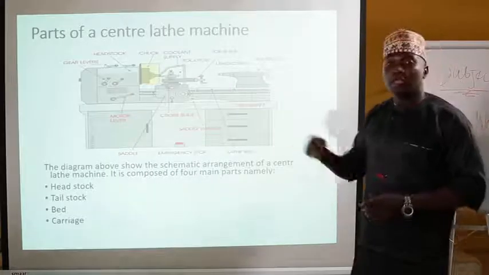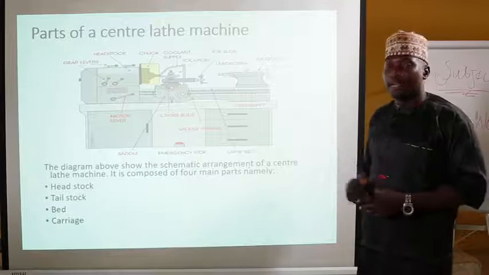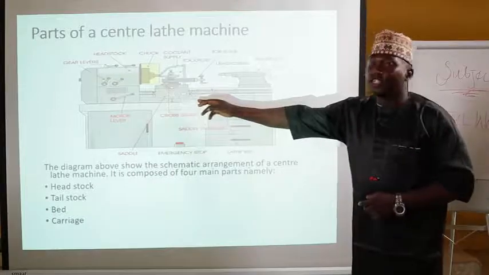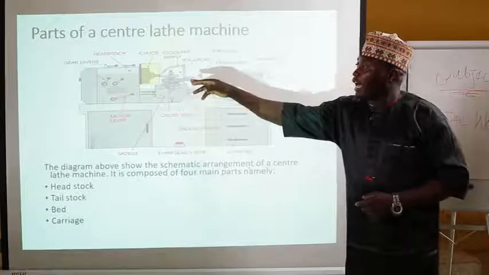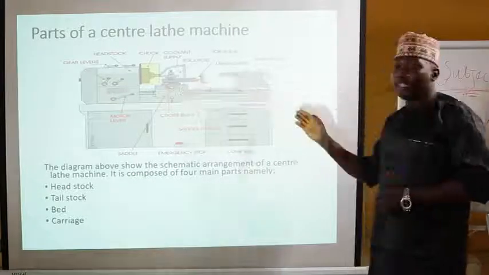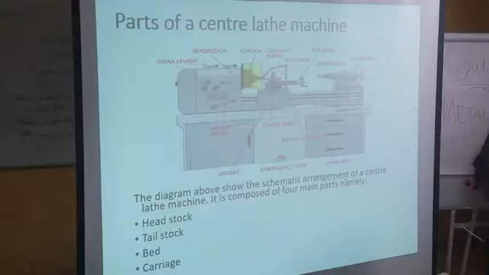What I mean by the longitudinal or lengthwise movement is the movement of the carriage along the bed, from the headstock end to the tailstock end, or from the tailstock end to the headstock end. That is the movement I'm referring to.